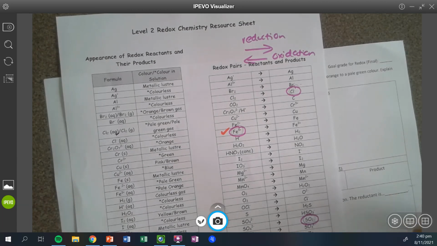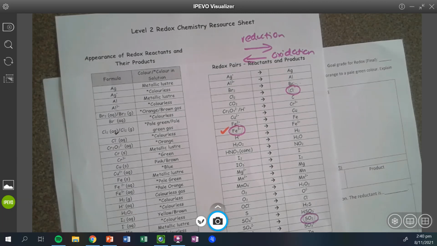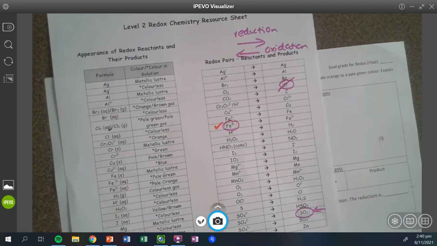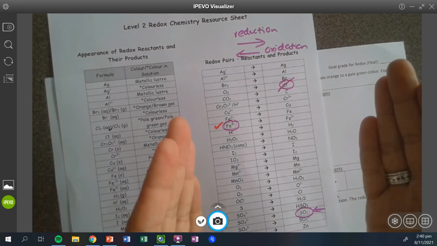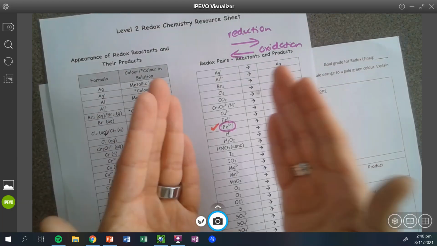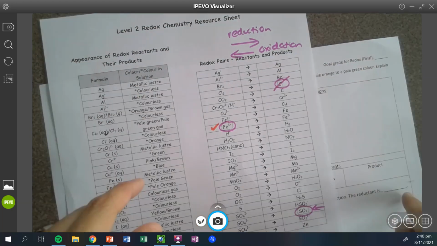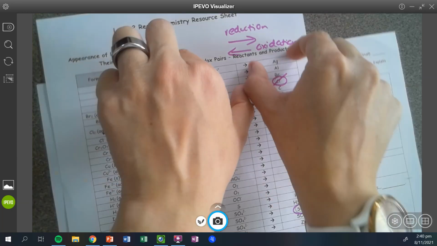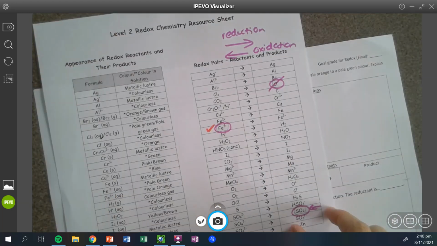Besides, if I was going to use the chloride, it would auto redox itself. Does that make sense to everybody? So I'm canceling out the chloride. We're not using the chloride. We're definitely using this guy. Cool. You should always have one from each side. If you have two on the same side and you're using them for your redox reaction, you have two reduction reactions, or you have two oxidation reactions. So you're looking at opposite sides of this table. Are we good so far?